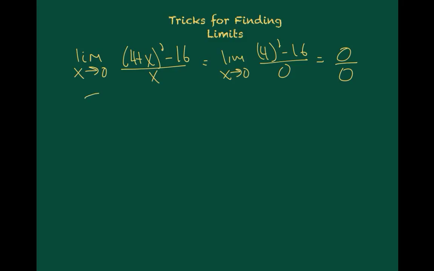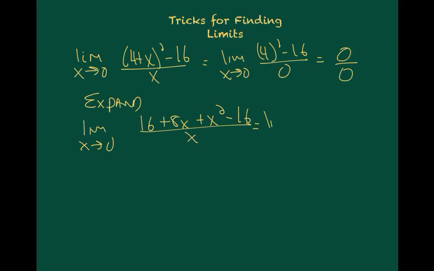Well, in this case, we should expand the numerator. So we'll get the limit as x approaches 0 of 16 plus 8x plus x squared minus 16 over x, which of course equals the limit as x approaches 0, and the 16s will cancel out. And so we're just left with the limit of x squared plus 8x over x.